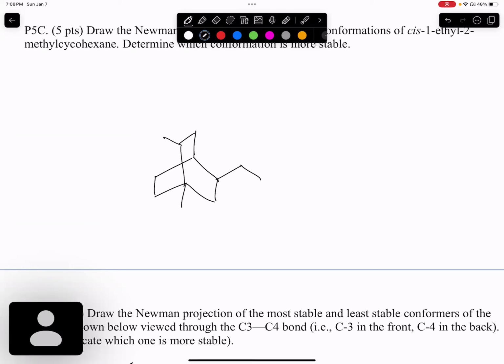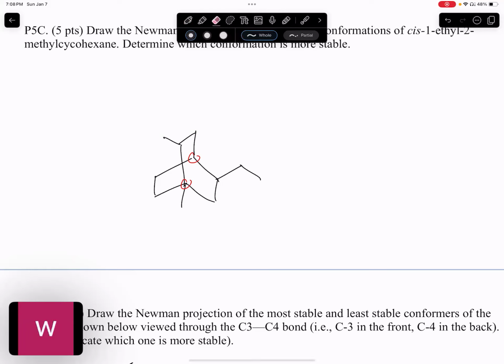How would you name this? Which way are we going? Are we going left? Are we going right? Right to left. We're starting at the bridgehead carbons, okay? You're saying let's go right, correct? This way? Or do you mean right going this way?